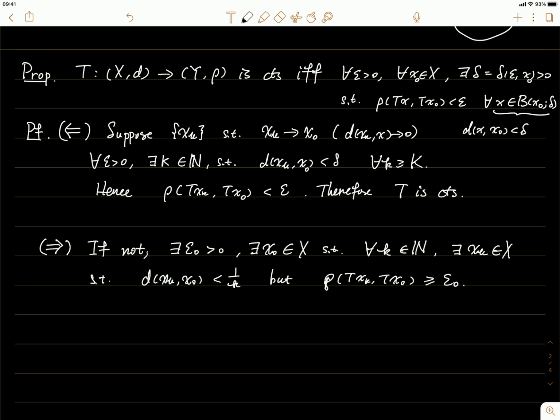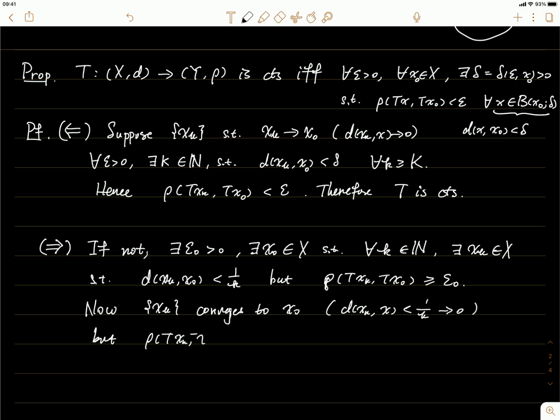And what happens is that, now look at the sequence we just got for each k. You can construct the sequence by increasing this k. And this sequence converges to x naught. The reason is because the distance between xk and x naught is less than 1 over k, and that is going to 0. It's approaching 0. But this is still greater than epsilon naught.